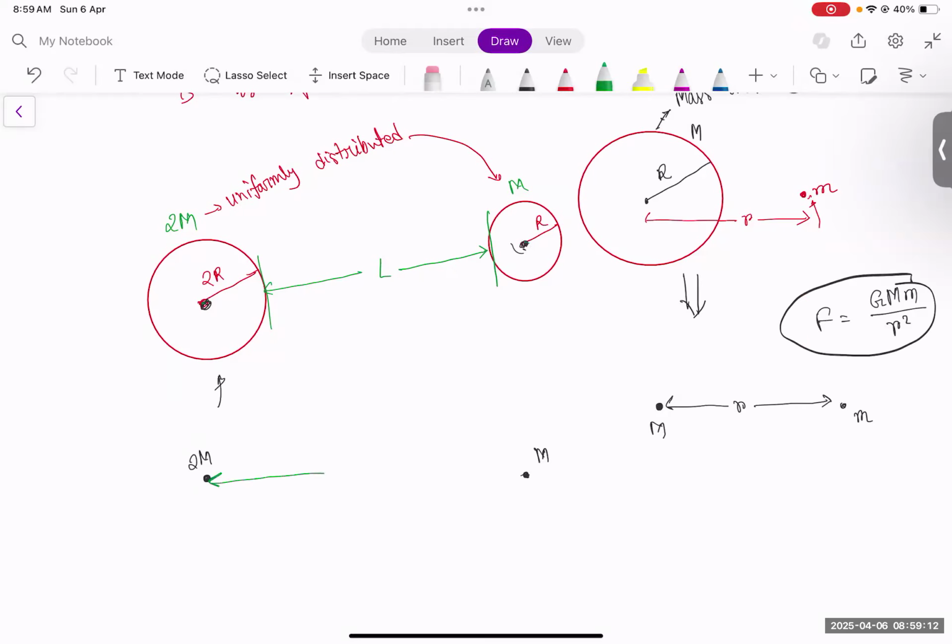And the center to center distance in this case will be L plus 3r: 2r from here and 1r from here. So my total force will be G times 2m times m divided by L plus 3r whole squared.